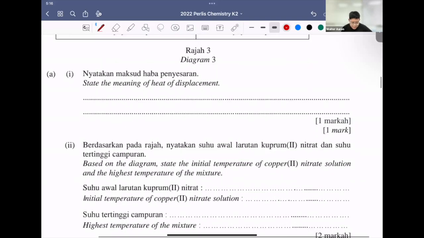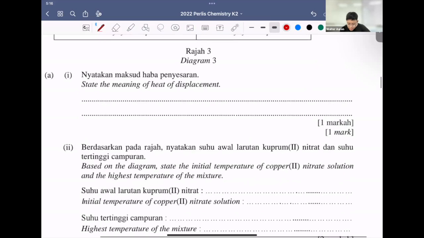So A1, state the meaning of heat displacement. So heat displacement is the heat change or heat release when 1 mole of copper is displaced by magnesium in the copper 2 nitrate solution.